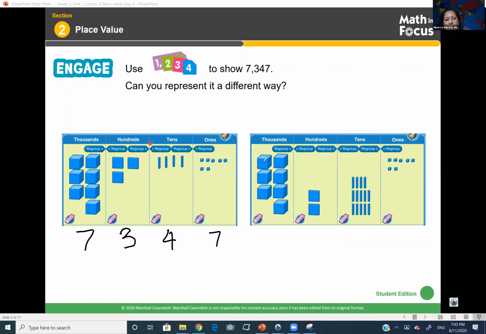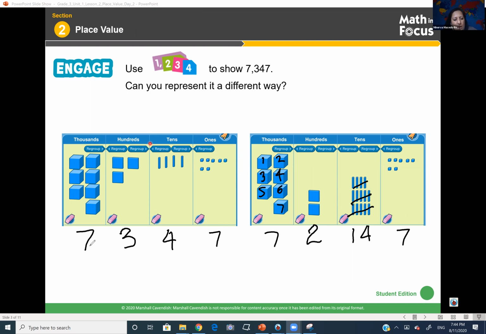So when we count here, we have 1, 2, 3, 4, 5, 6, 7. So we still have 7,000. But this time we have 2 hundreds. And this time we have 14 tens. And finally, we still have 7 ones. Now, my question here, is it the same number? So we don't know yet, so let's prove it.